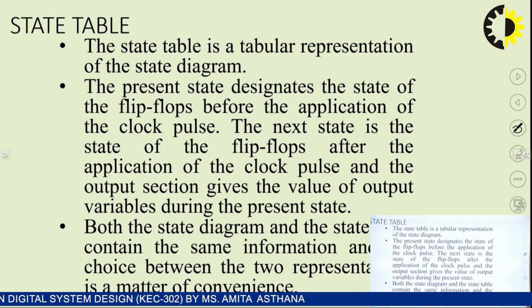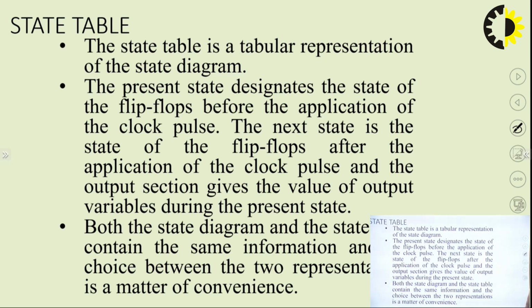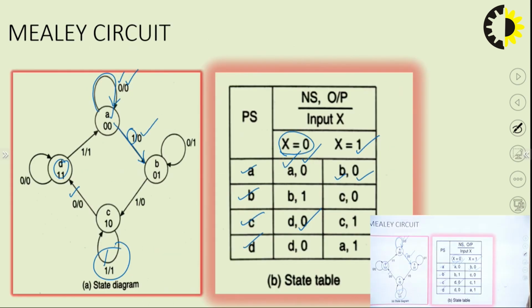Now, both the state diagram and state table contain same information, and the choice between the two representations is a matter of convenience. So, in whatever way we feel comfortable, we can either go for state table or we can go for the state diagram. So, it is very clear that state table and state diagram both are same, not different.